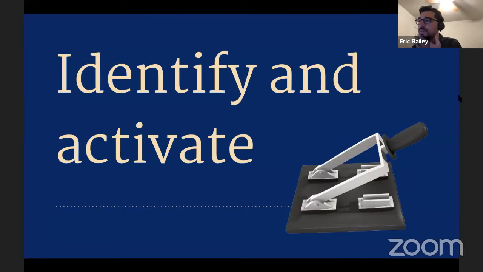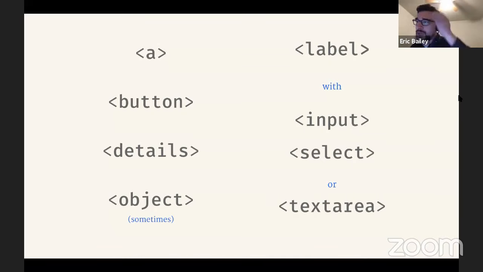Okay, so now we know why it's important to have all states represented for our links and buttons and how to implement them. On this slide is a knife switch in an open position. But interactive elements on the web aren't just limited to links and buttons. And this system of distinct and discrete visual treatments for state should be applied to anything a person can interact with.